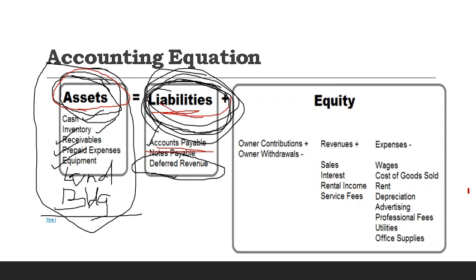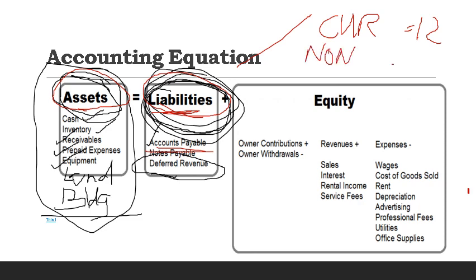We have current, same with the assets. Current liabilities, debts that you owe within the next 12 months, short term. And non-current liabilities are considered long-term debt that ranges beyond 12 months. So combine them, current plus non-current, and you get your total liabilities.